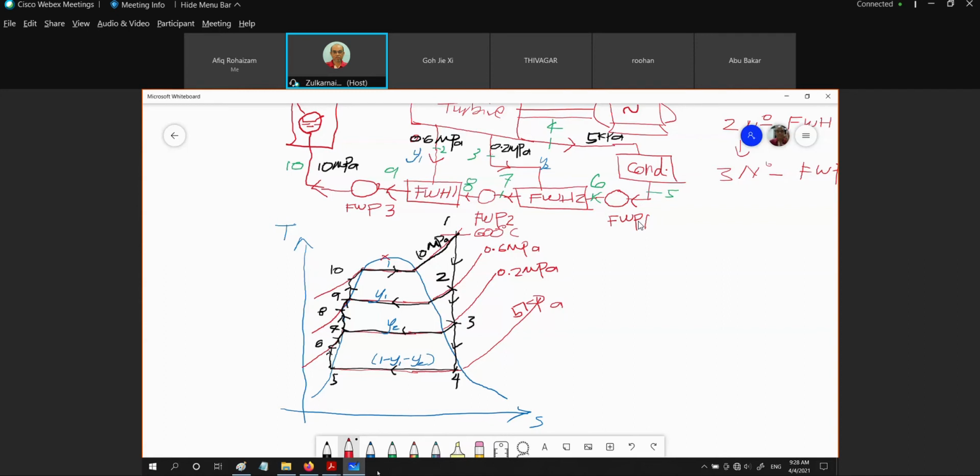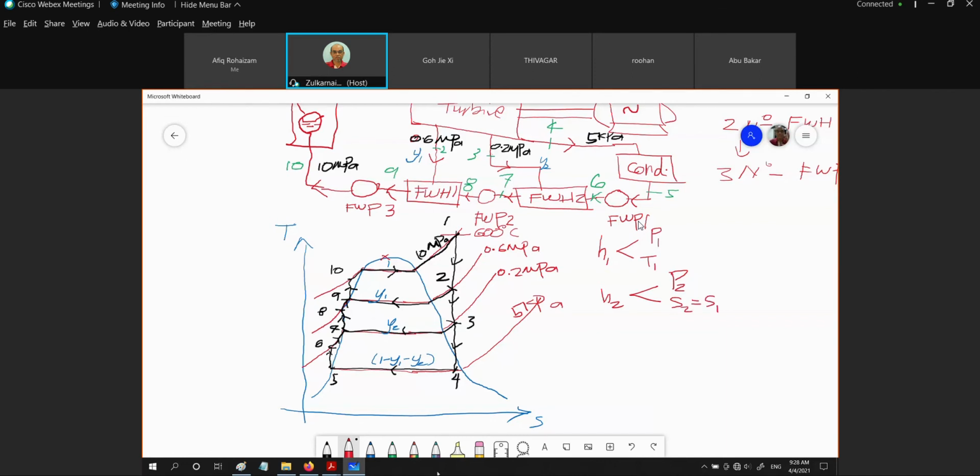That is H1, based on P1 and T1. And then H2 is basically based on P2 and S2, which is equal to S1.